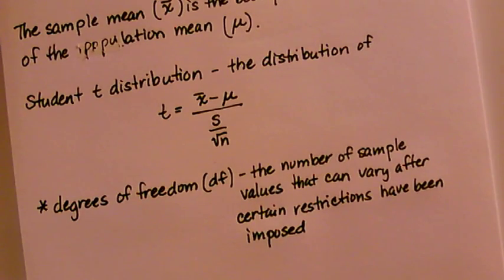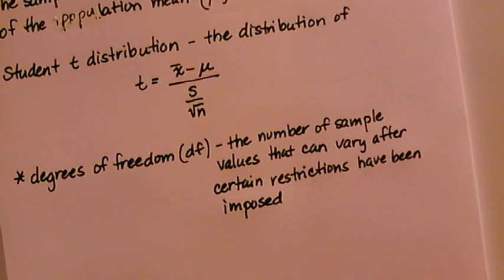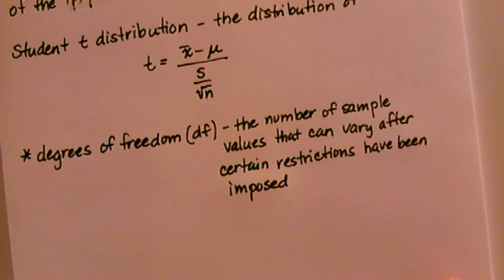Okay. That's the number of sample values that can vary after certain restrictions have been imposed.